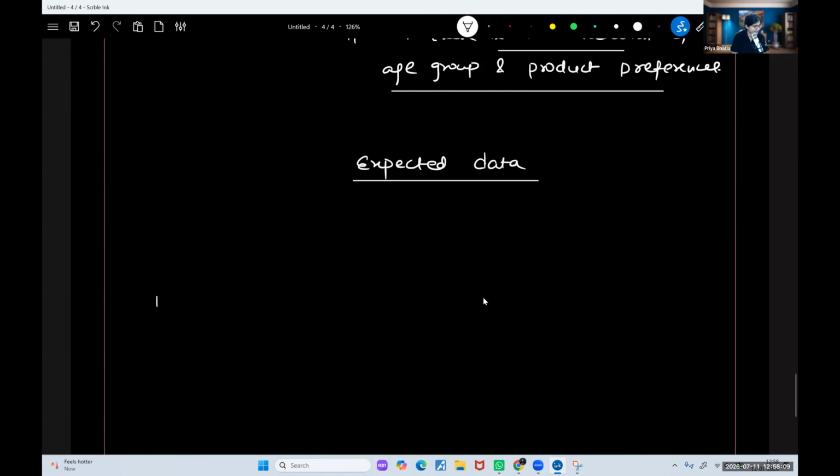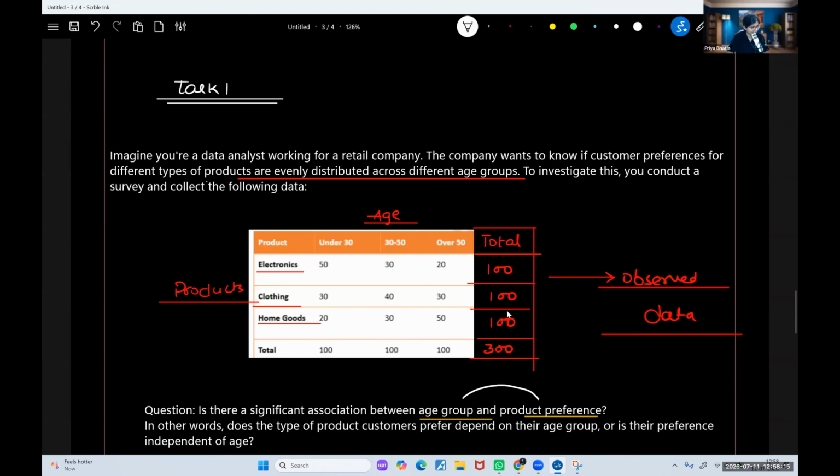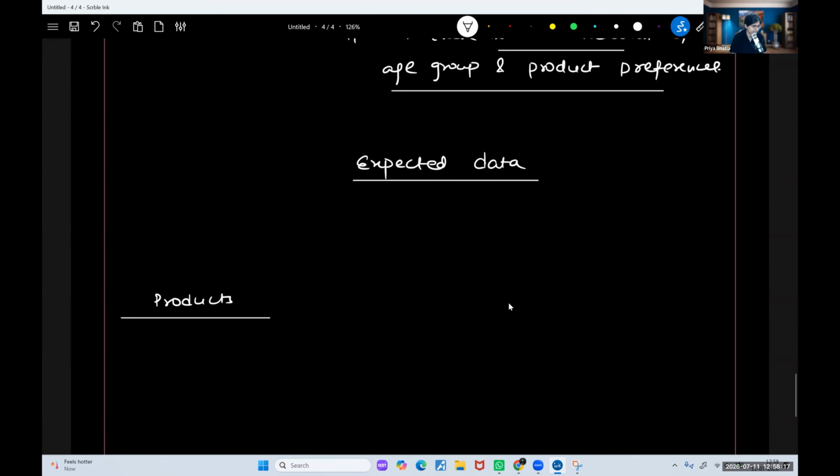So if we will be having products over here, again, three products that we have: electronics, clothing, and home goods.